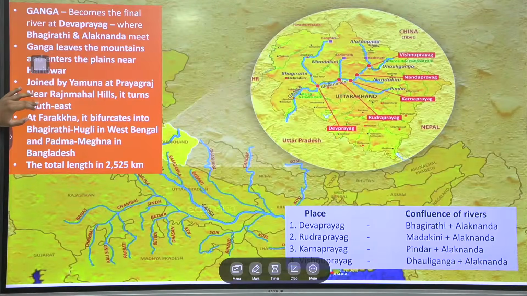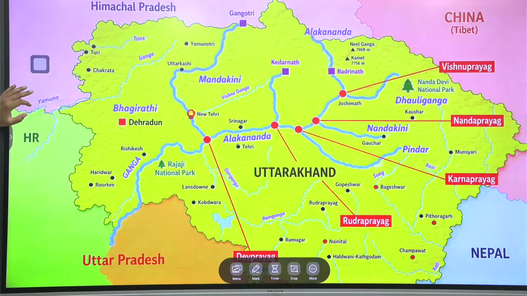So the river drainage basins are based upon major drainage basin, minor drainage basin, and medium drainage basin. Rivers can also be divided into east flowing rivers and west flowing rivers, right? Rivers can also be classified as perennial in nature and seasonal in nature. Majority of the rivers in the Himalayas are perennial.